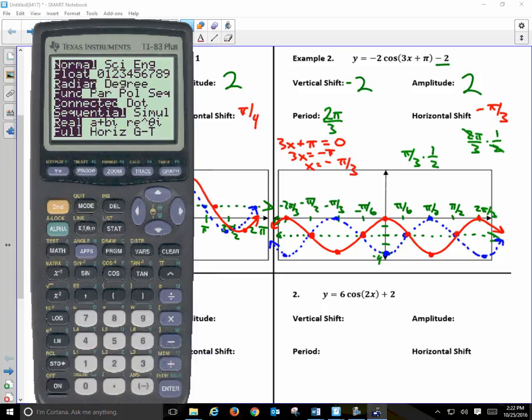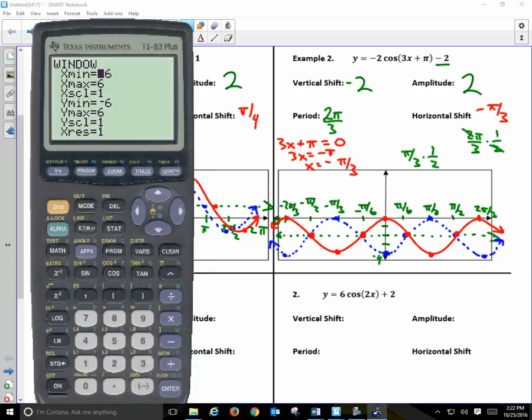And I am working in radians, as you can see here. And I go to my window, and the maximum x value is going to be 2 pi over 3, or just about pi. The minimum value would be negative pi. The max value is about positive pi.